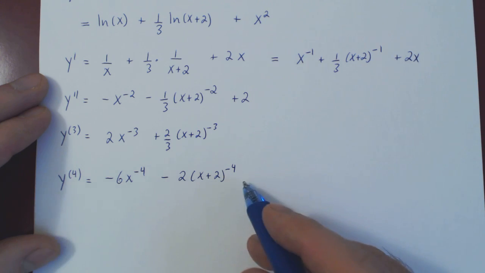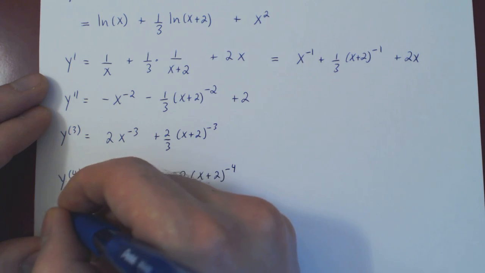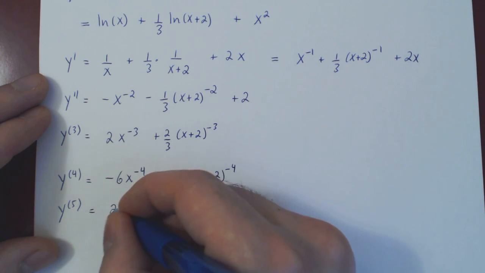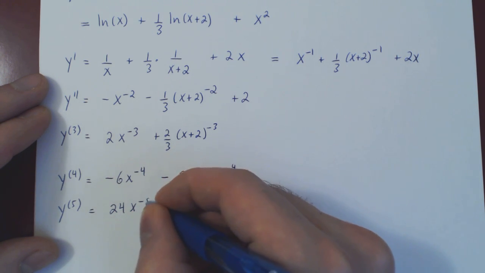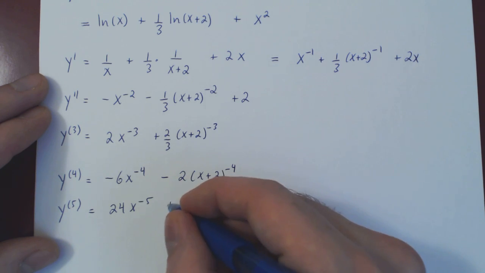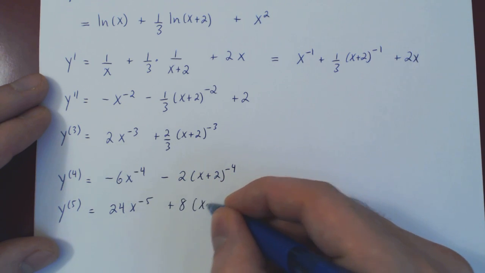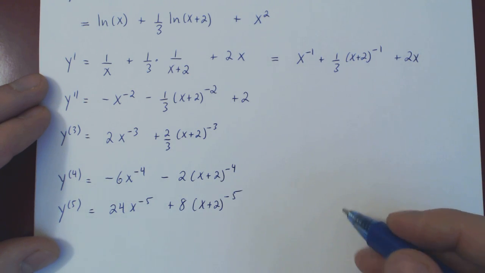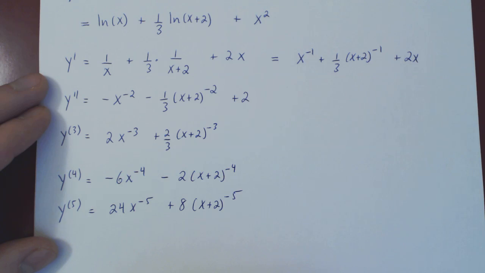Taking the derivative one last time will give us the fifth derivative. Power rule. Power rule. And there you have it. Here's the fifth derivative of our function.